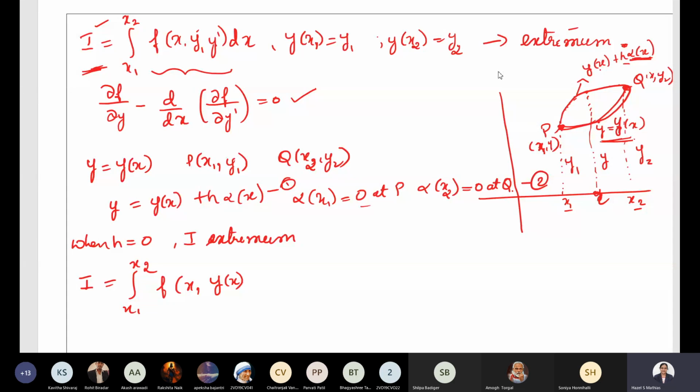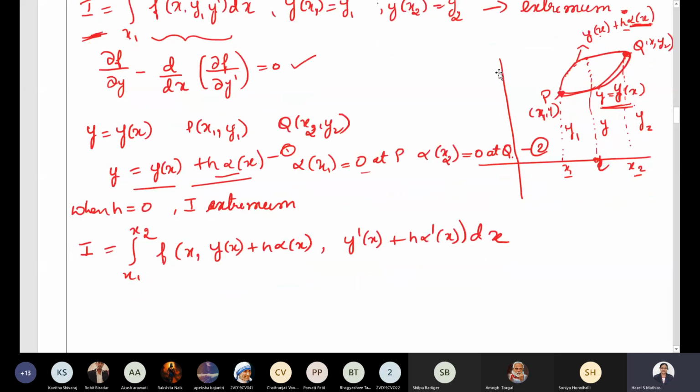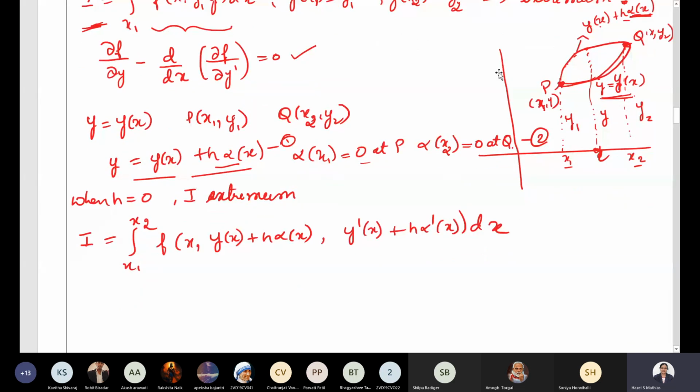Now you can substitute y of x plus h times alpha x, and y dash will be y dash of x plus h times alpha dash of x dx. This is what we have got by substituting the value of y and y dash. The y curve we have over here, and y dash is obtained by differentiating.